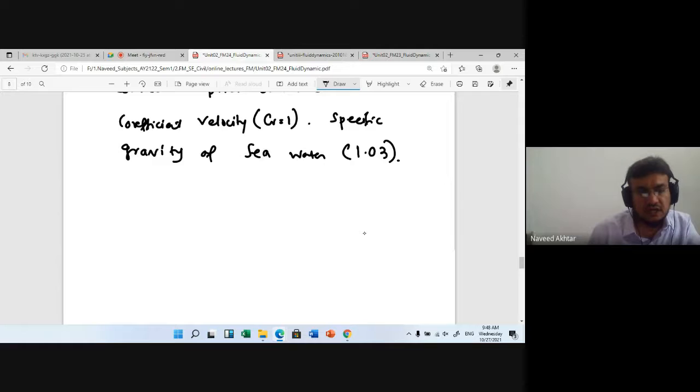So here is a simple example based on the hint given to you. The deflection is 4 centimeter, which in meters is 0.04 meter.